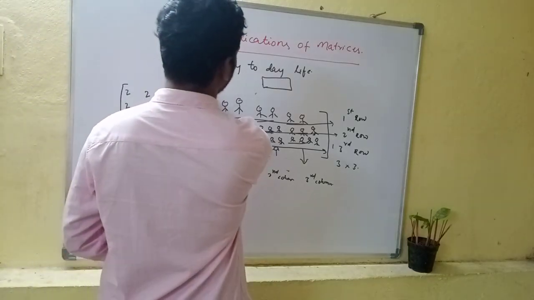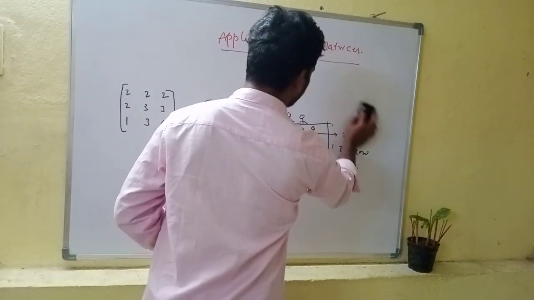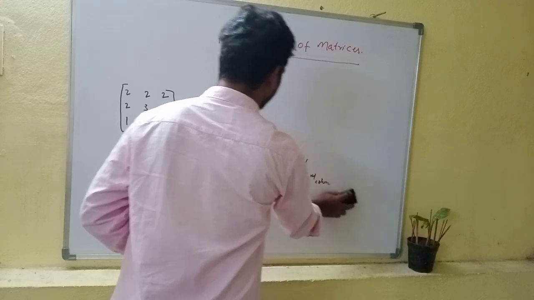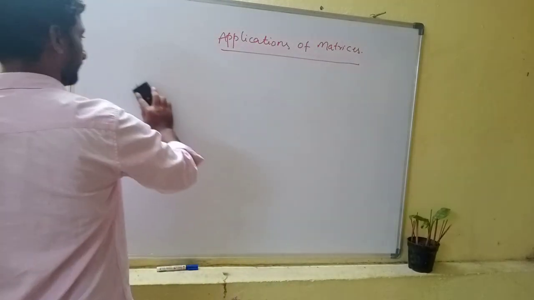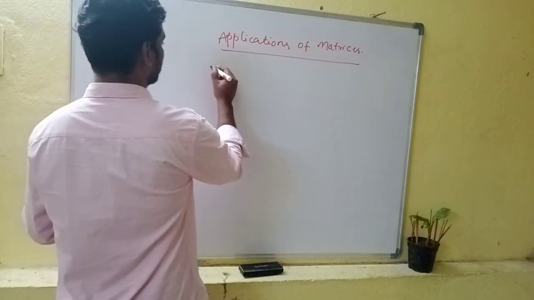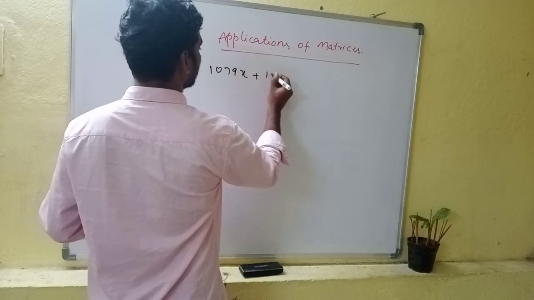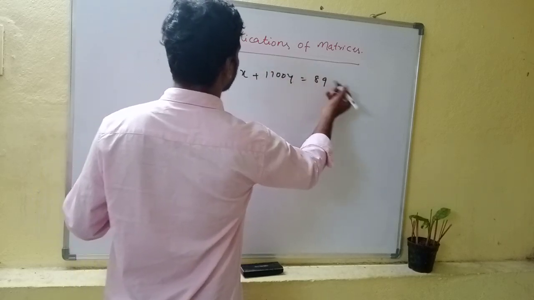We have to find the easiest way to solve the most complicated problems. For that, the matrix got introduced. Like linear equations, for example 1079x plus 1100y is equal to 89.